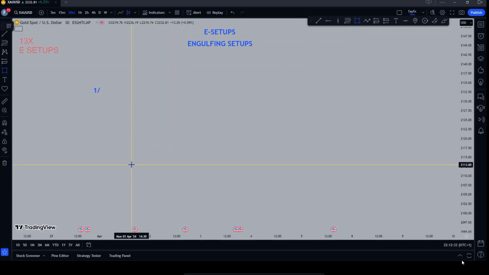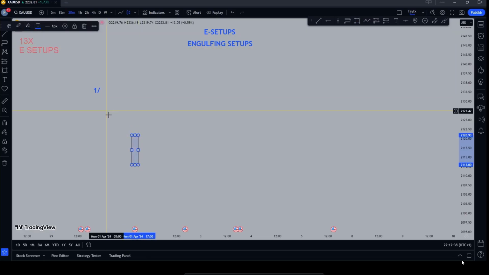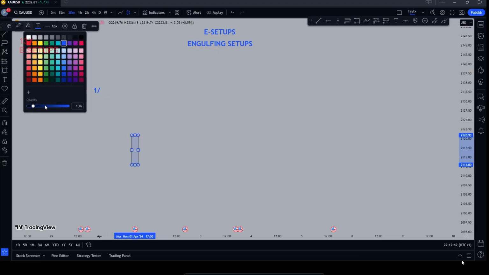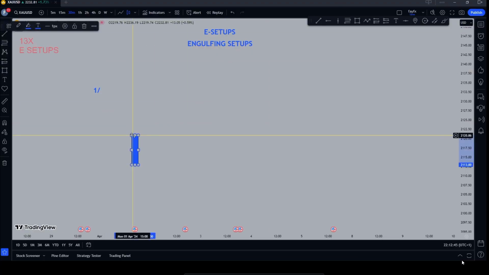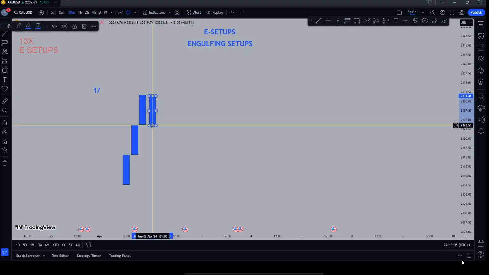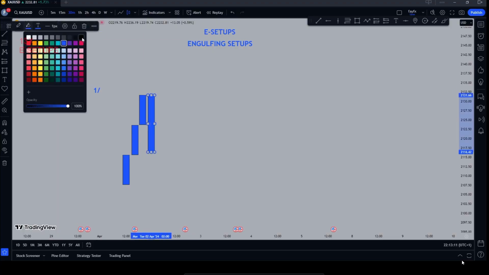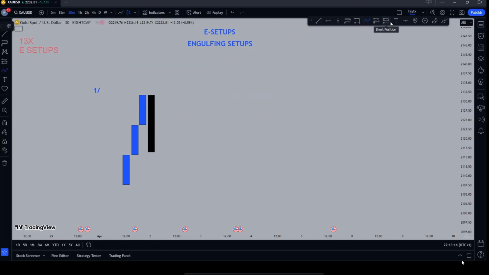Imagine we have a bullish candle. Also remember we are in X time frame.